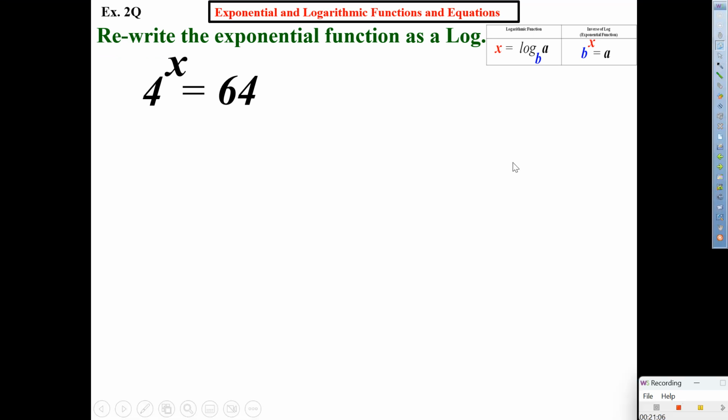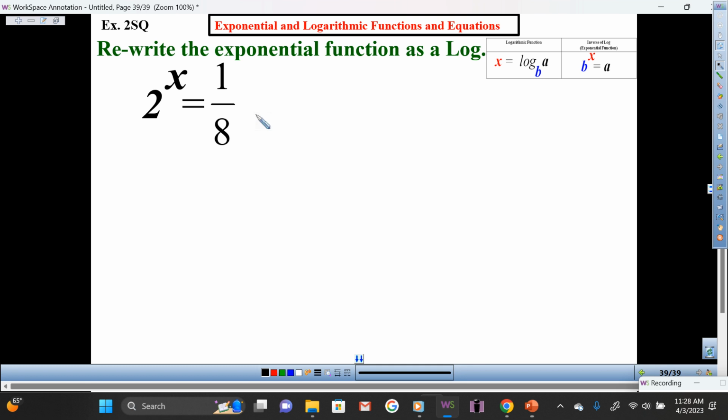Copy this one. Example 2 super Q, 2 to the x equals 1/8. Rewrite that as a log. Should be just about done. All right, check with the neighbor.